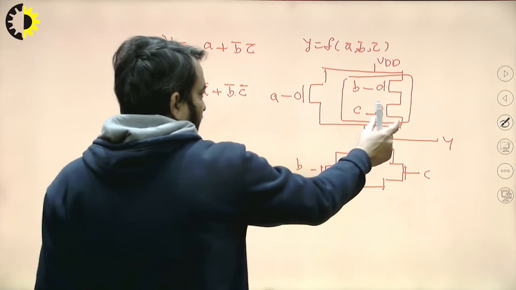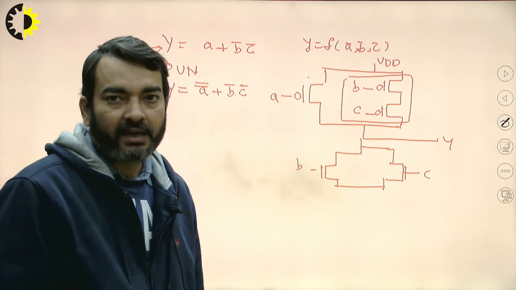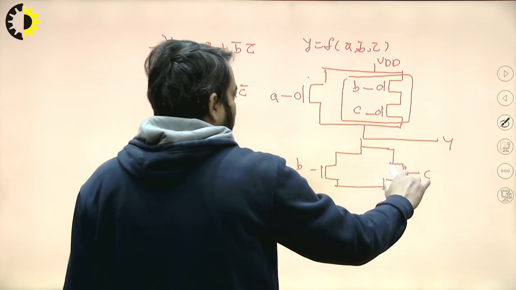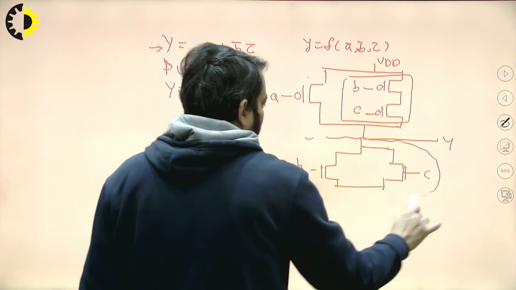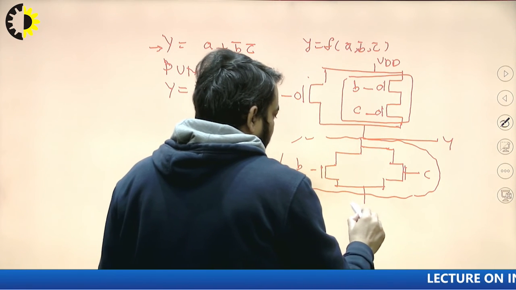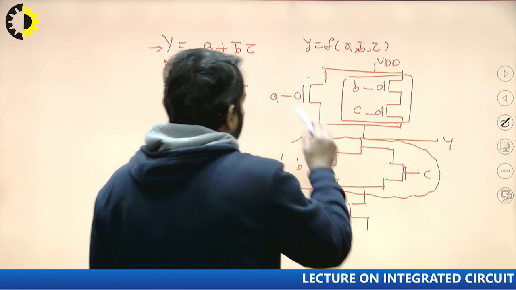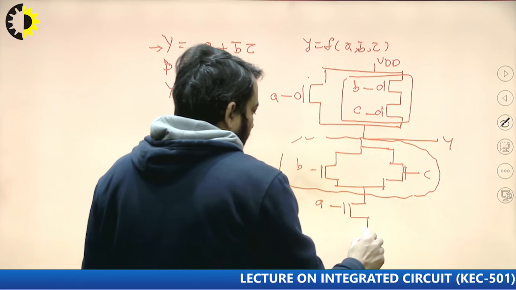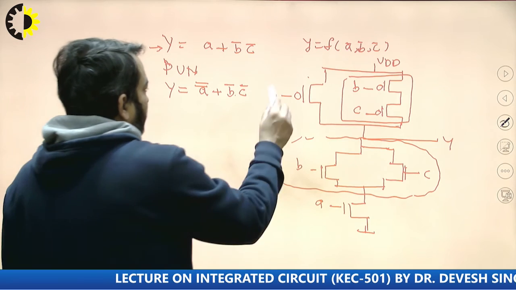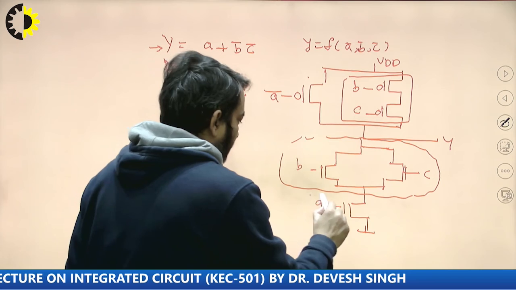Then this subnetwork is in parallel with this transistor, so now parallel will be replaced by series. The dual of this network is this one. This will come in series with another NMOS transistor with input A. Here it will actually be A bar, so this will also be A bar.